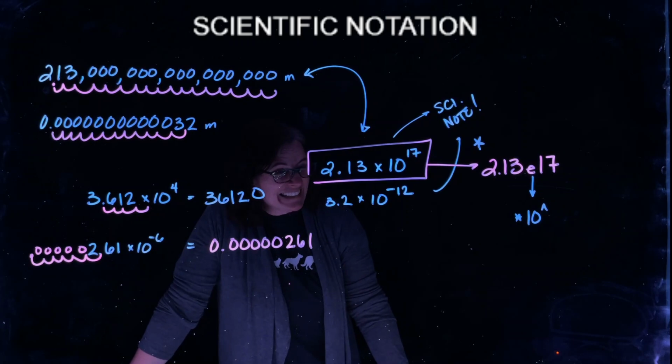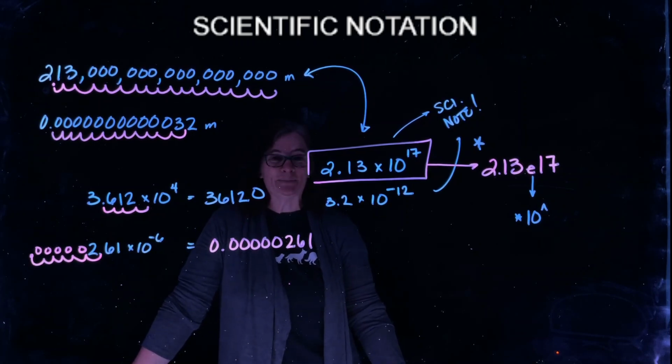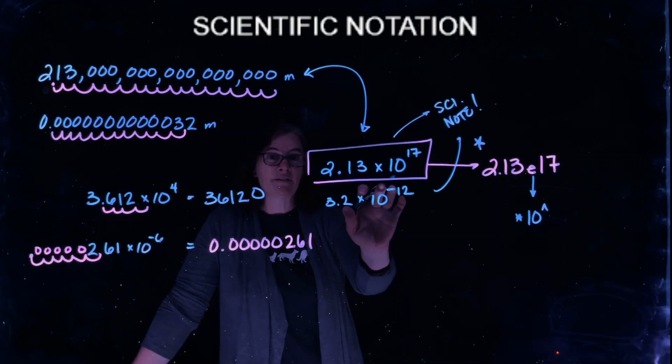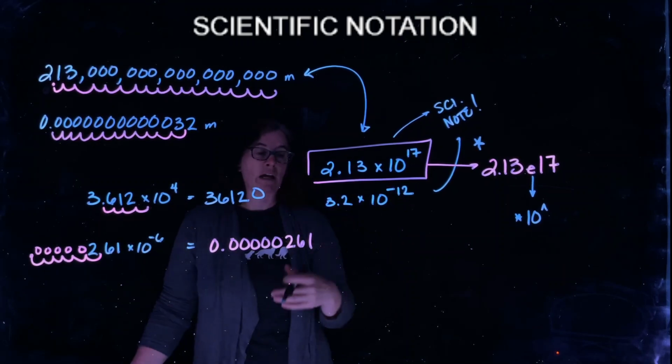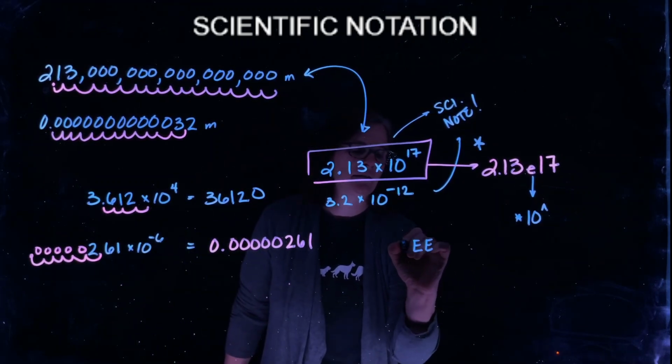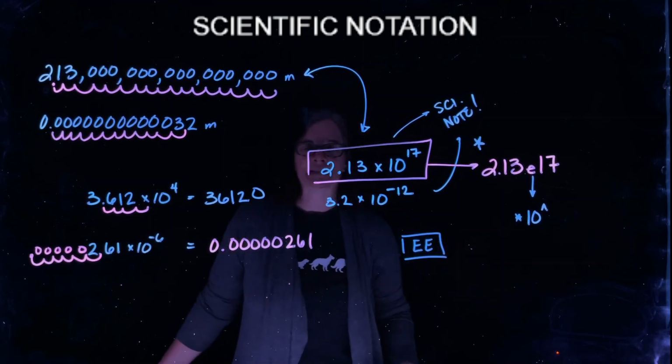In addition, depending on your calculator, Texas Instruments, for example, if you wanted to do scientific notation and do math on that in your calculator, it uses a button that has 2 capital E's.